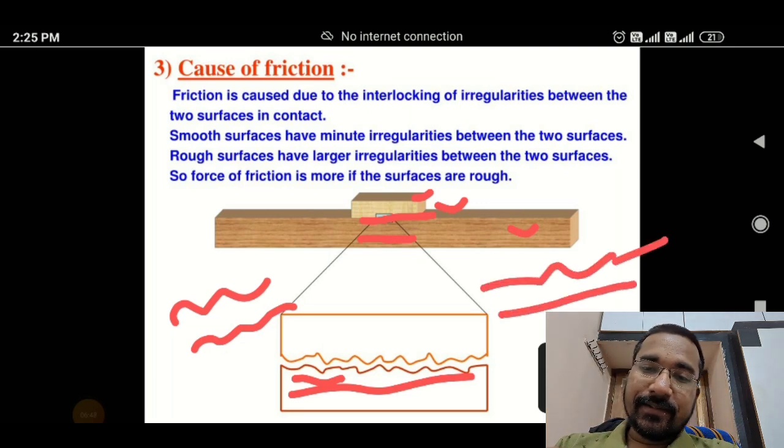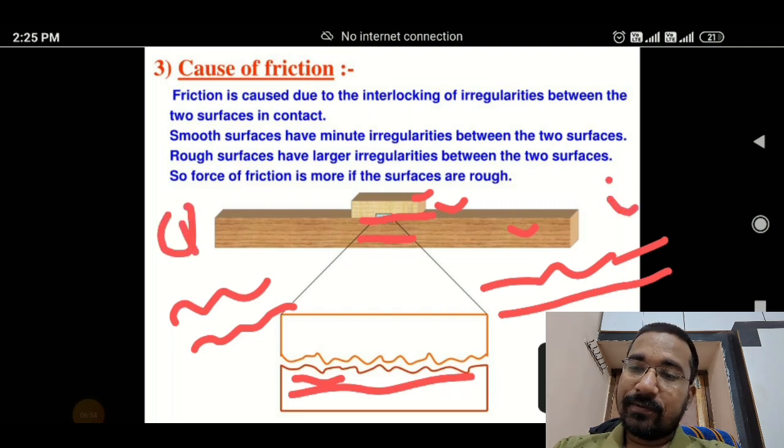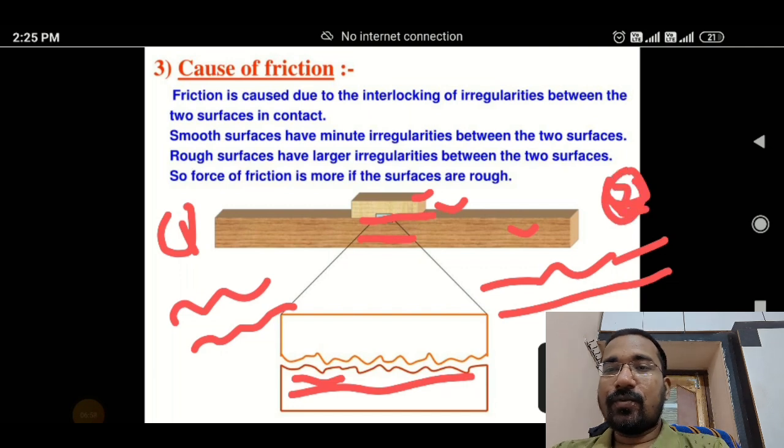This one has more interlocking, but here, which surface will move, where is the friction, first one or second? Give me the answer.